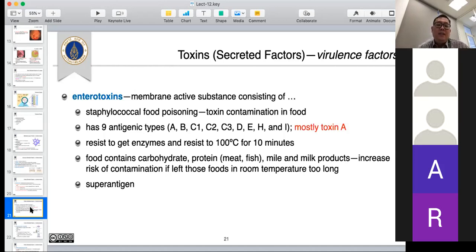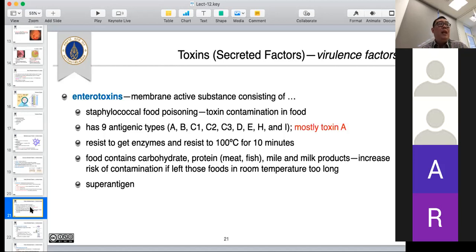This toxin resists boiling for 10 minutes, so you need to use more heat and longer time to heat the food.